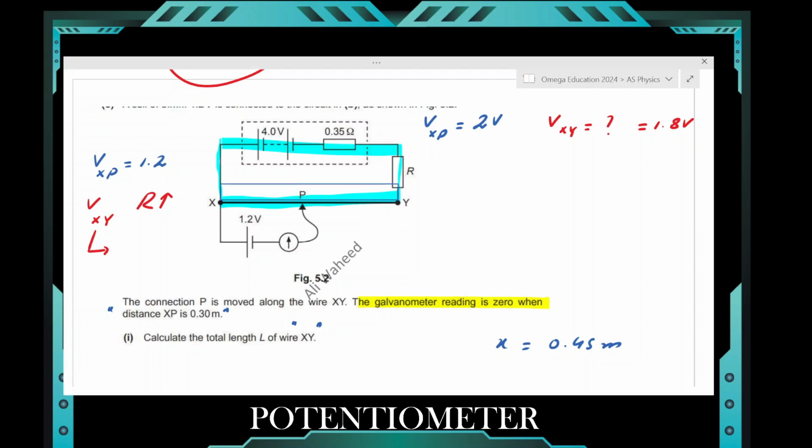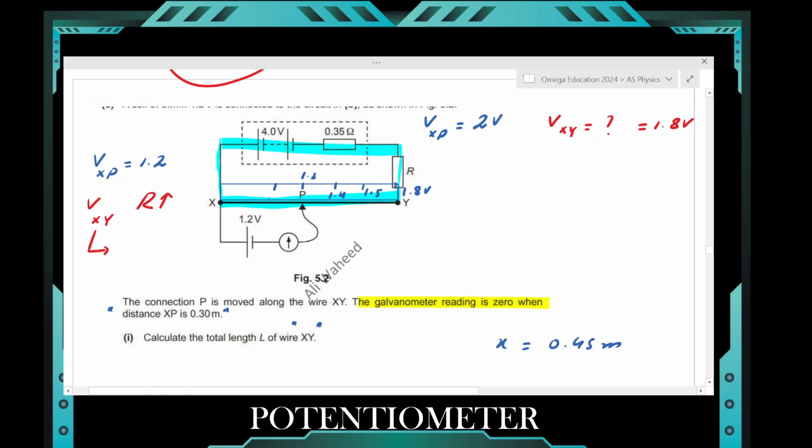It could be something like this. You have, let's say, the total had to be 1.8 volts, and over here you have something like 1.5 volts. Over here you have 1.4 volts, and at this point you were having 1.2 volts.